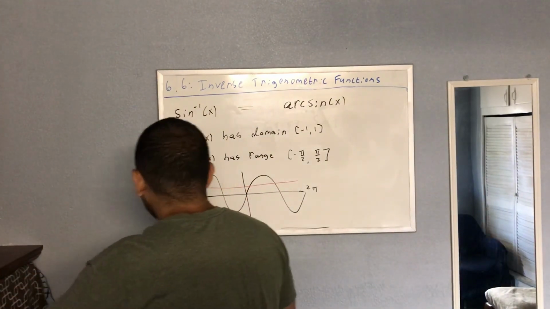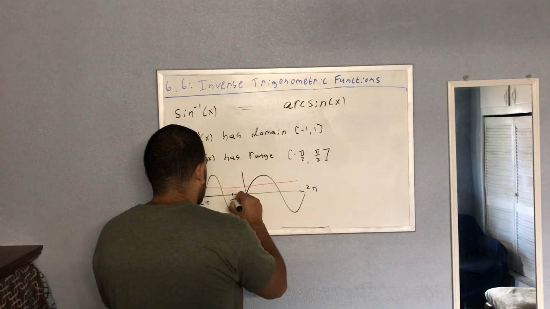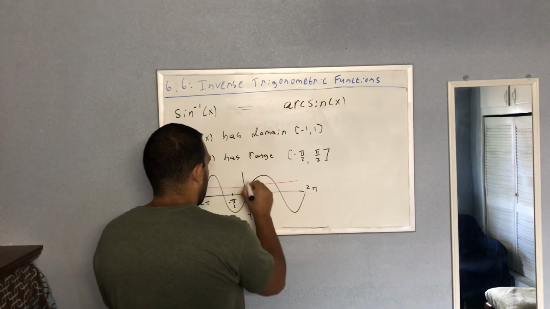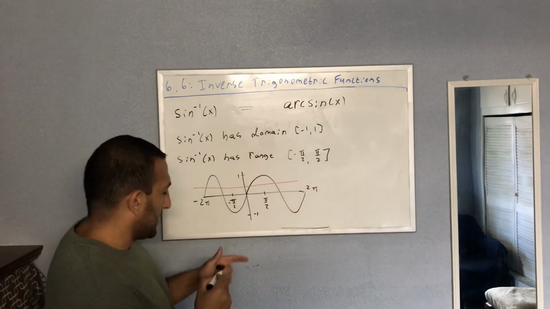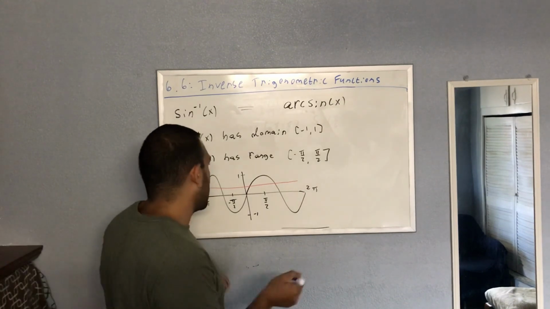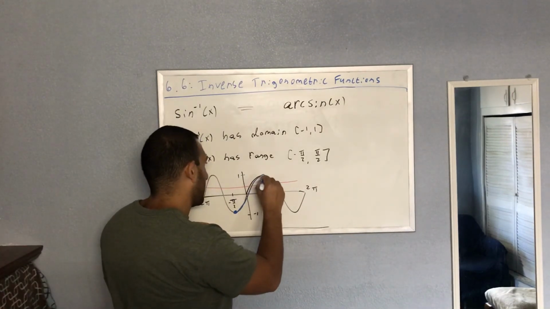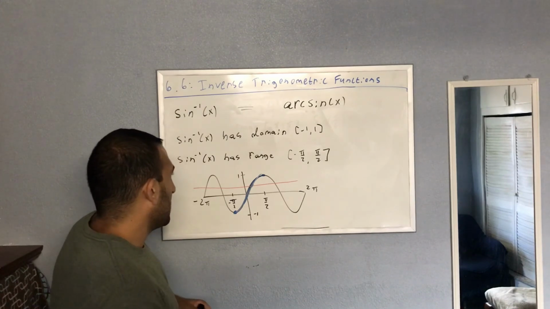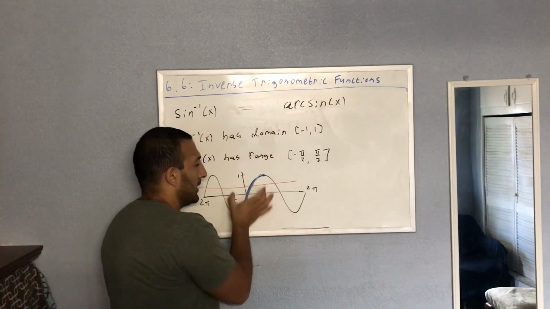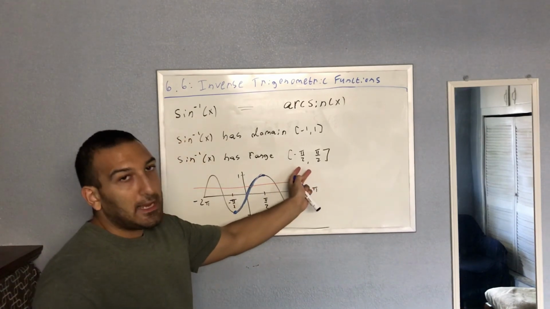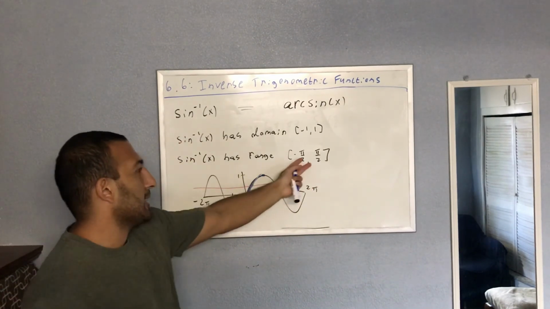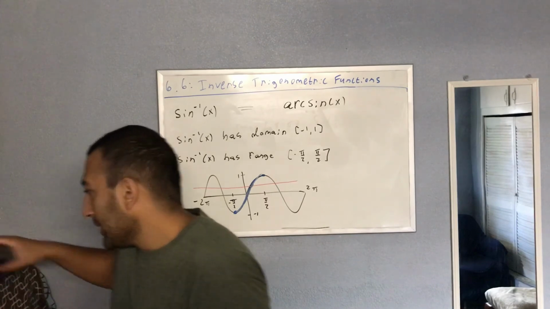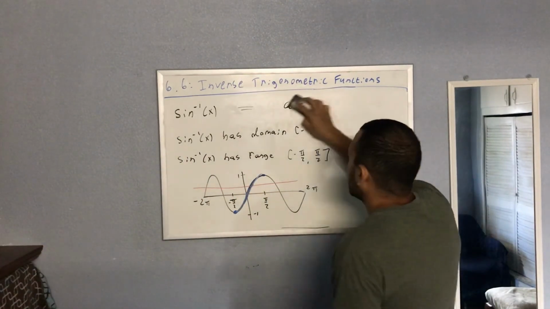But if you restrict it between -π/2 and +π/2, where it takes on the values -1 and +1, then on this little branch, this blue arc, it is 1 to 1. This is why we restricted the domain of the original sine function to be this, and so the range of the inverse function is that. Because remember, domain and range flip-flop between the inverse and the original function.